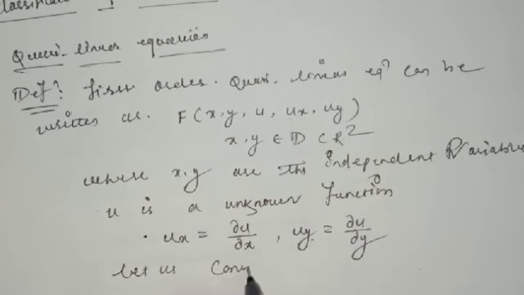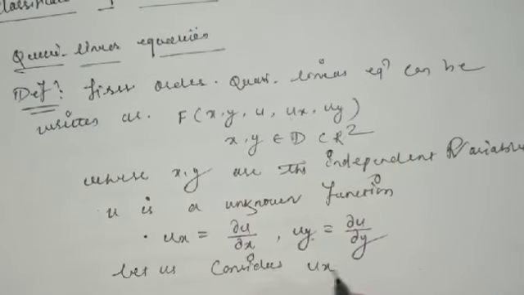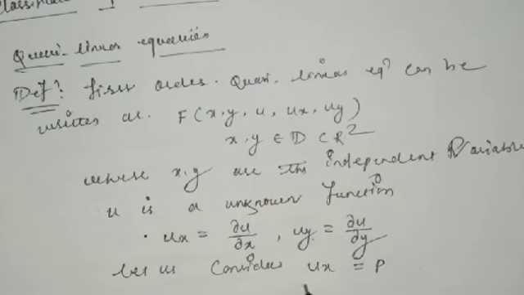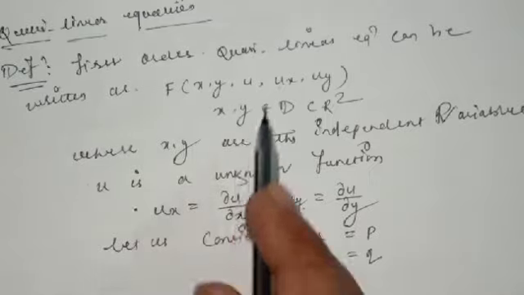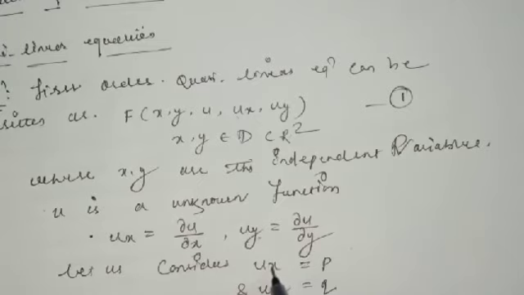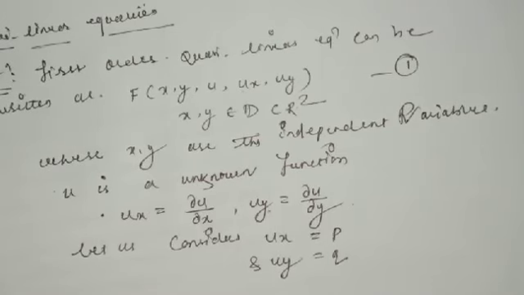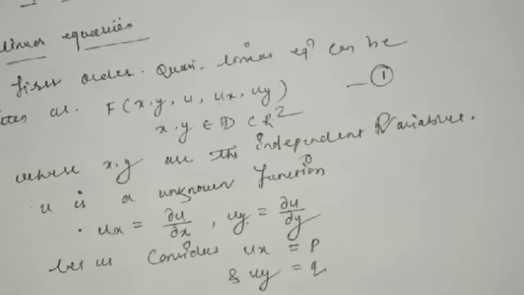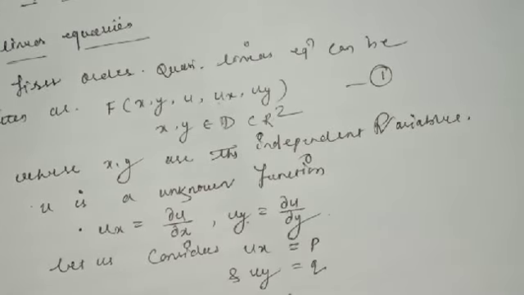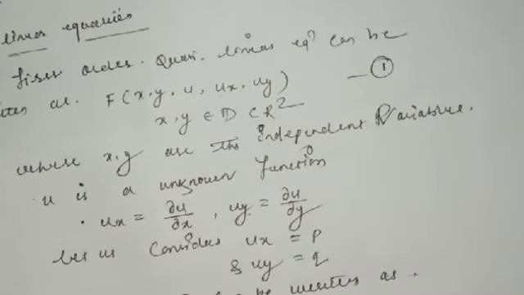Let us consider ux equals p and uy equals q. Then our equation becomes, taking this one as the first equation, putting these ux and uy values in the first equation, equation 1 can be written as f of x, y, u, p, q.